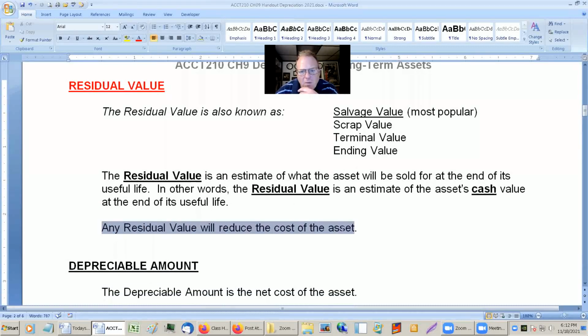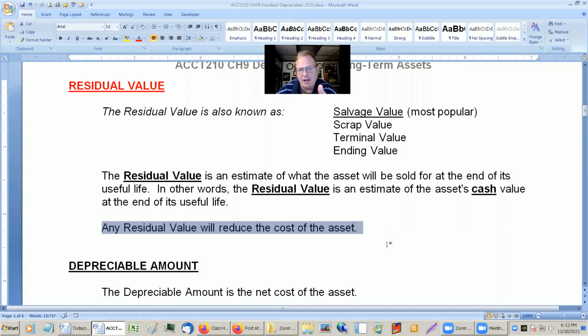Now, residual value will reduce the cost of the asset. For example, let's go back to the other one. If you paid $800 for the machine, and you had a residual value of, say, $150, well, that's money you're getting back.